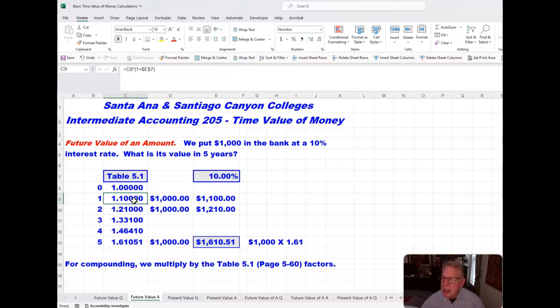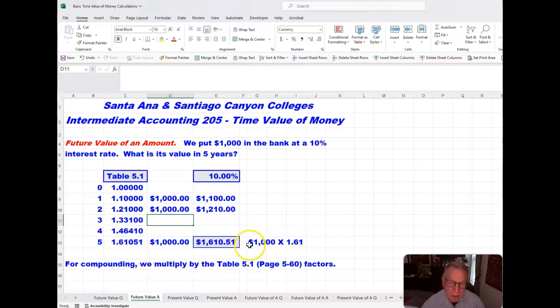So here, I just take this times 1.1, and 1.1 is 1 plus this 10% interest rate. Then I take this cell and multiply it times 1.1. I get 1.2100. Then I take that 1.21, multiply it times 1.1, I get 1.3131. You get the idea, okay? And that's how we get those calculations.